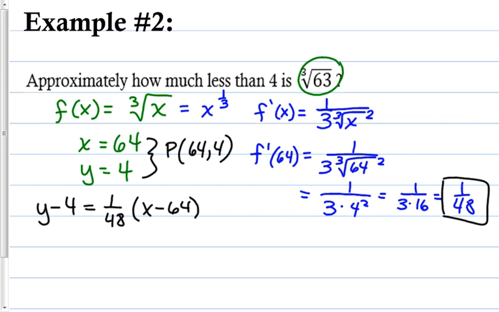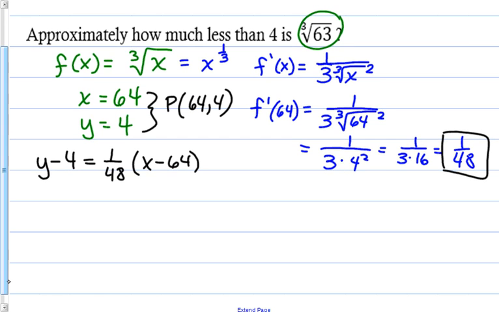I'm going to use it to approximate the value of the cubed root of 63 by simply plugging in x is 63. Okay, that's another x value. My x value that I'm now plugging in is 63. But first, let me clean this up a little. y equals 1 over 48 x minus 64 over 48 plus 4.